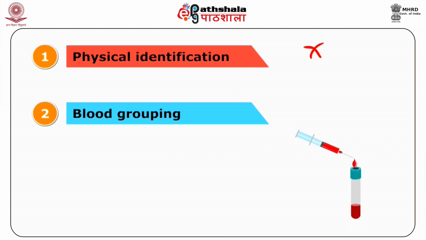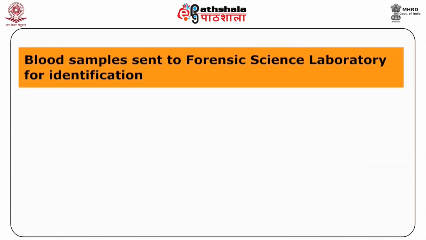The blood samples of the child, the original parents, and also that of suspected parents were taken and sent to the Forensic Science Laboratory for identification. The following method was applied in the laboratory.